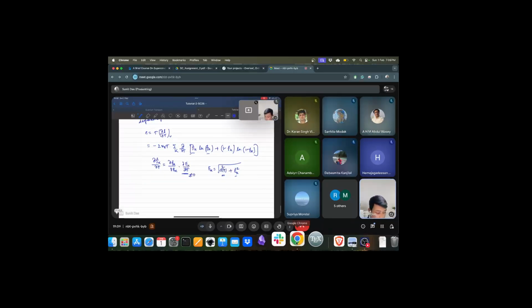Using this, what we have is that C will be minus 2 k_B T sum over k.